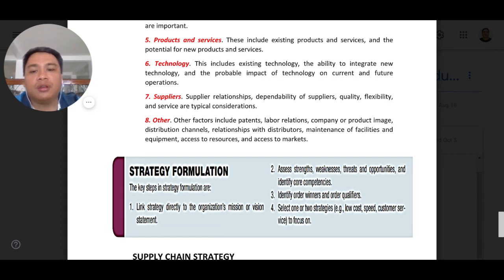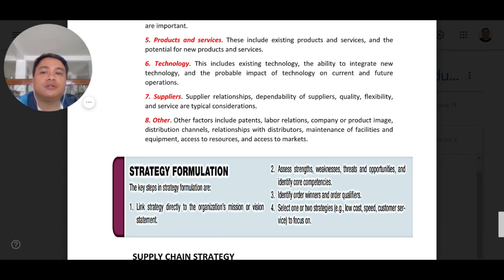Distribution channels. Where are you able to sell your products? What are other forms of selling your products? Do you try to sell your products in certain types of locations? Who are your resellers? Your distribution channels, is it grocery, sari-sari store, online selling?